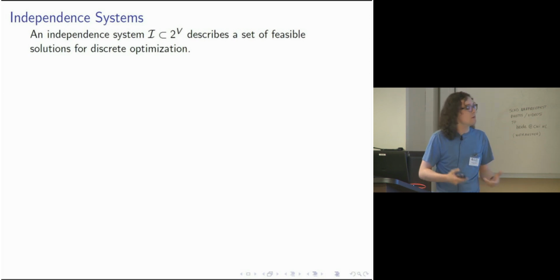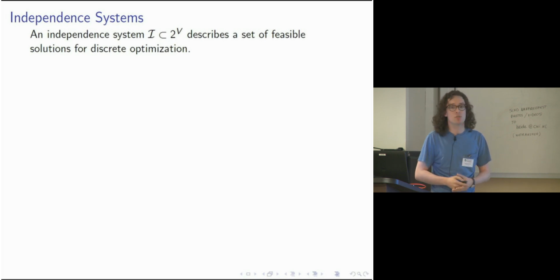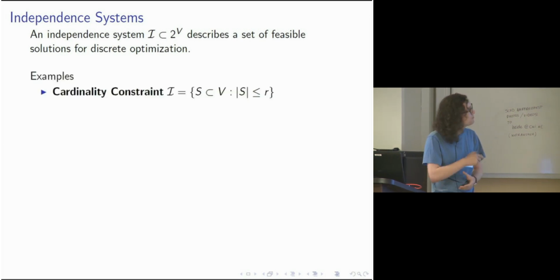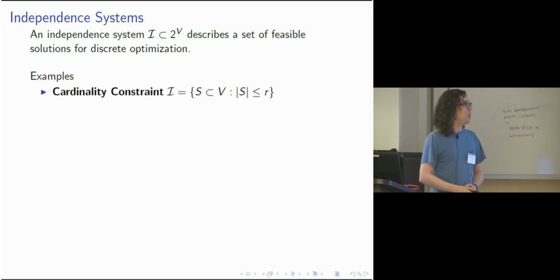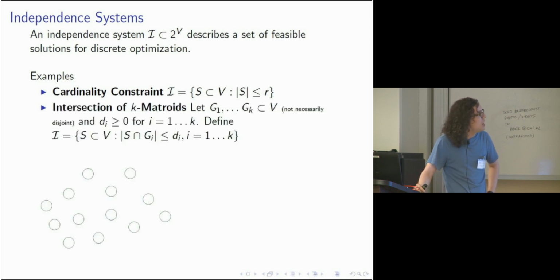Now, when we talk about this optimization, we're going to use independence systems to describe our notion of feasible sets. One example is a cardinality constraint, that is, all sets of a given size or less. Another example is the intersection of K matroids.